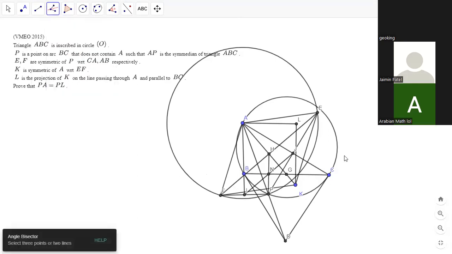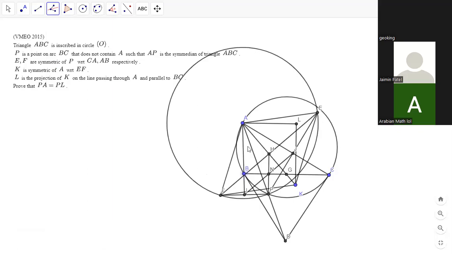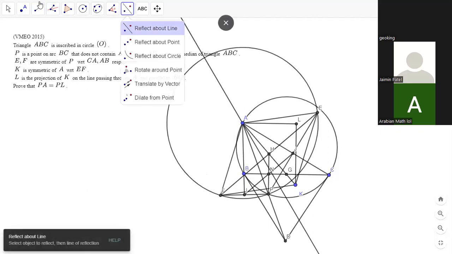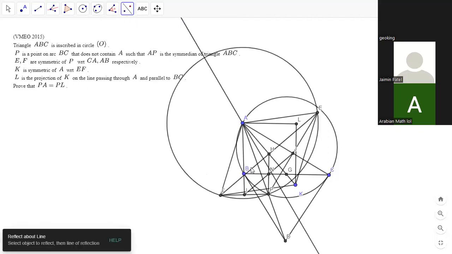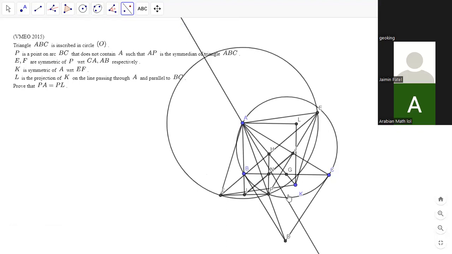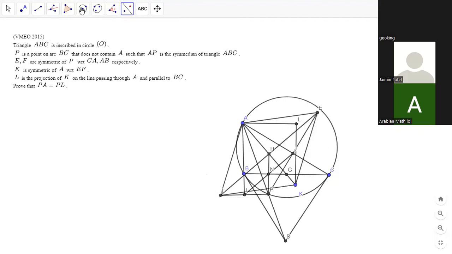I think Arabian Math has a proof. So if we take one of these, for example, we reflect it across this. I'm going to hide this circle for now. It just takes up more space than necessary.